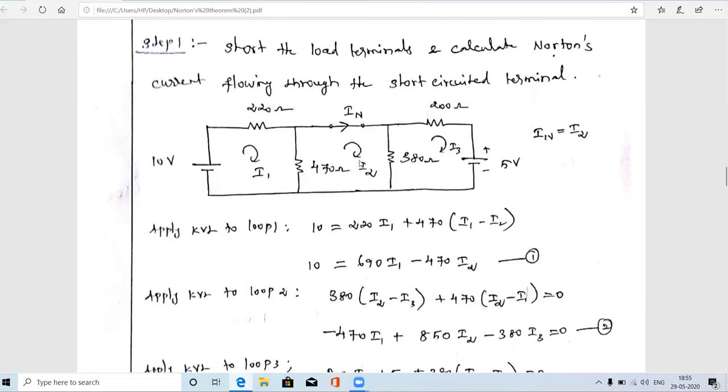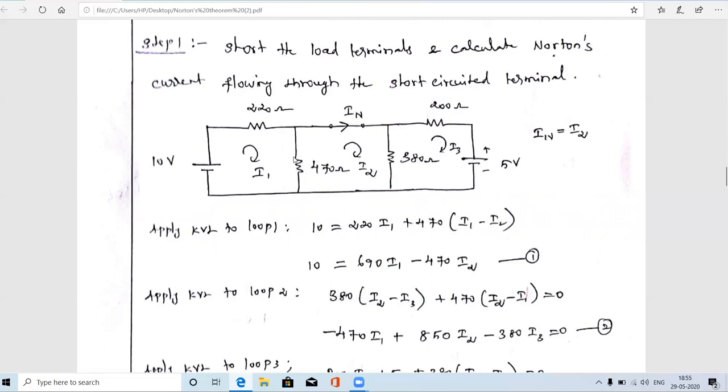In order to solve for the variable I2, first we have to write Kirchhoff's voltage law for each loop. For the first loop, according to Kirchhoff's voltage law, we start here. Minus to plus is the voltage rise, so voltage rise 10 is equal to the voltage drop across the resistors: 220 into I1, and 470 into the current through the 470 ohm resistor.